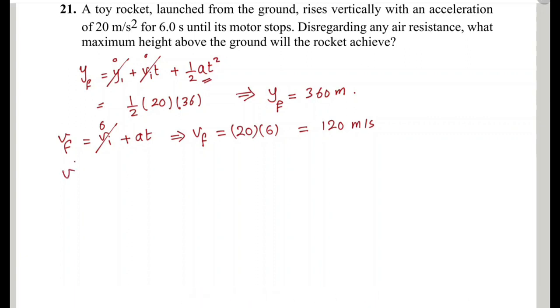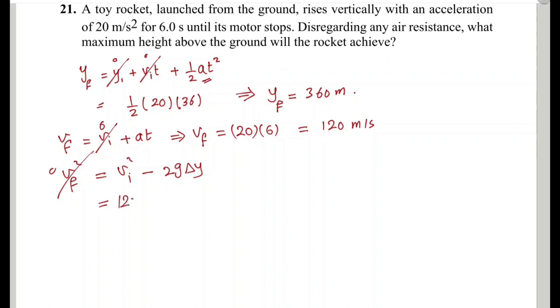Now v square final equal to v initial square minus 2g delta y. This is for the second part. Now this one is equal to 0, and the initial velocity for the second part of motion is the final velocity of the first part.